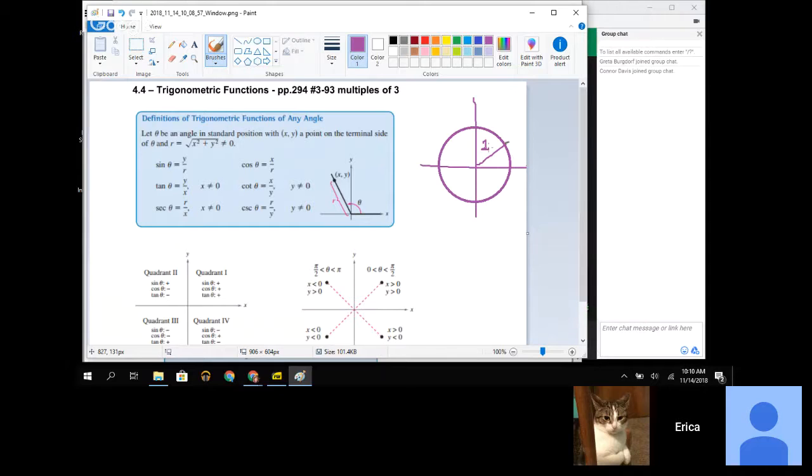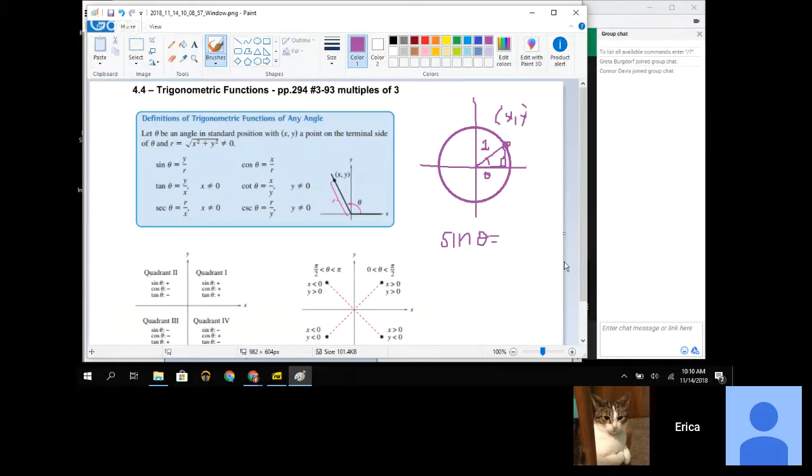So for example, if I have this point here, and this is x, y, and then we extend this down and make it a right triangle, and this is our theta. Then the sine of theta, SOHCAHTOA, sine is opposite over the hypotenuse.